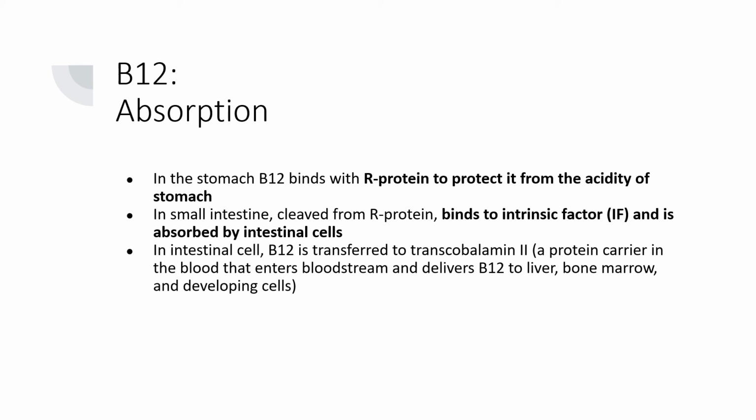It's a protein molecule, and it carries B12 from the intestinal cell into the bloodstream, and then transports B12 to different tissues: liver cells, bone marrow cells, and developing cells elsewhere in the body. So the three major steps are the R protein, the intrinsic factor, and the transcobalamin 2. Those three molecules are required for B12 absorption.